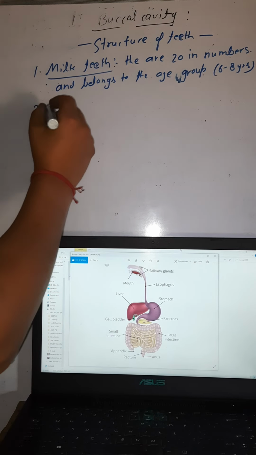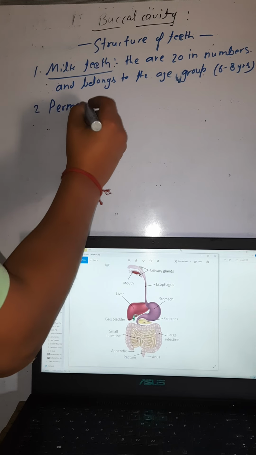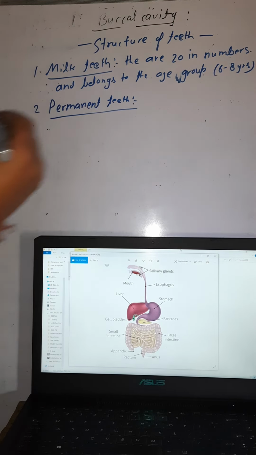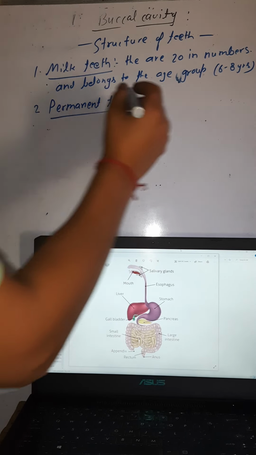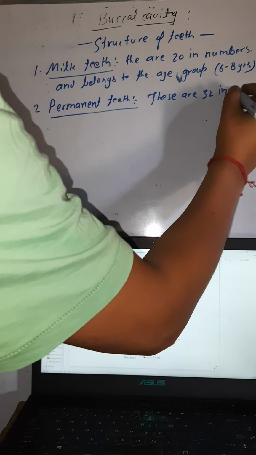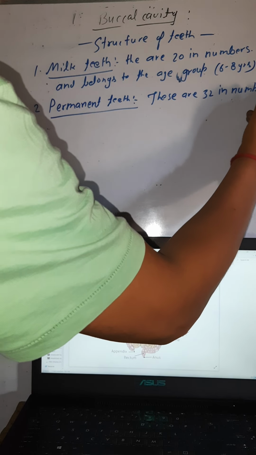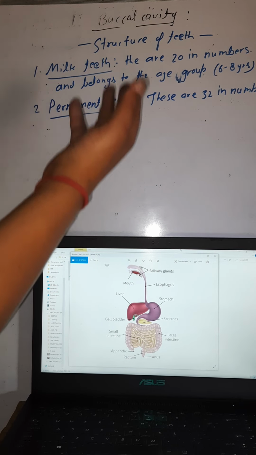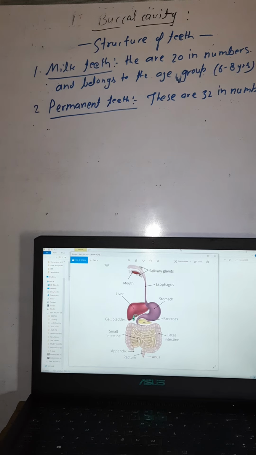These permanent teeth are 32 in number. This belongs to when we become adults, when we have the permanent set of teeth.